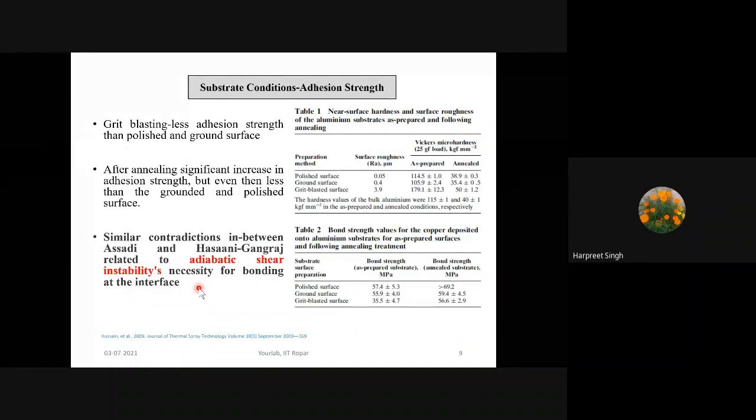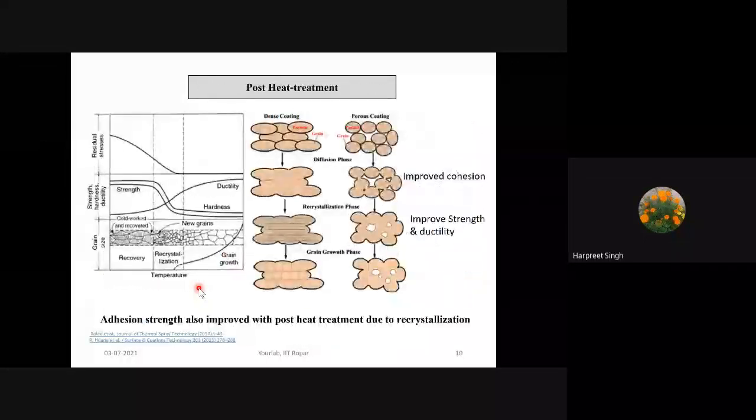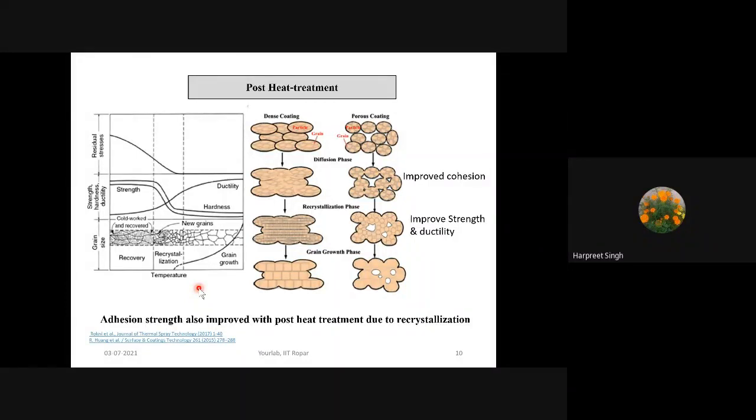Again, continuing, I think I have talked about this in the previous slide. Another aspect which is very pertinent to our coating or even additive manufacturing is post-heat treatment, right? Whenever we play with powder particles, which is usually the case in additive manufacturing also, we are always worried about these flat boundaries or the points where the particles are sticking to each other, right?